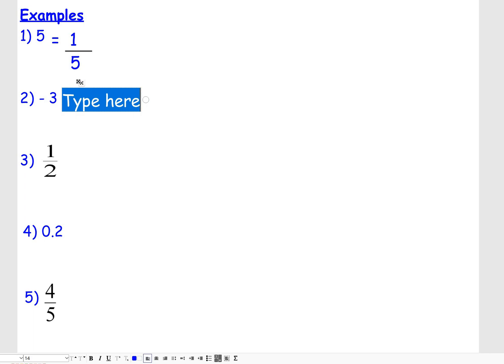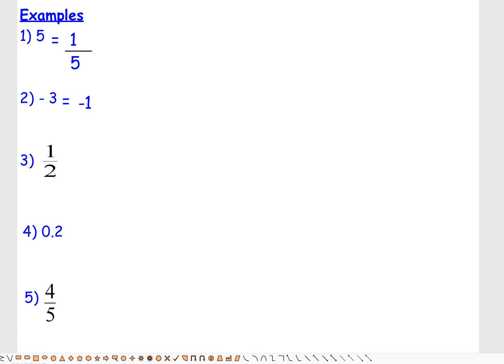Next, -3. Well, this is going to equal -1 over 3, -1/3.